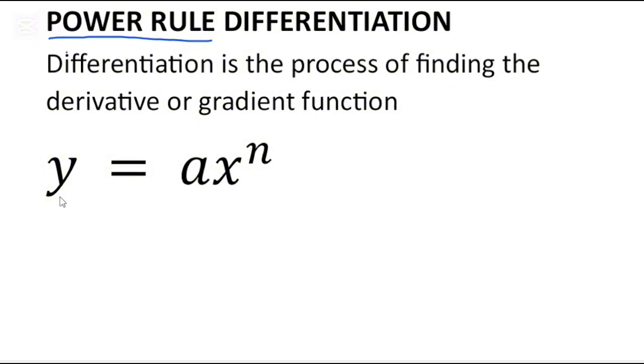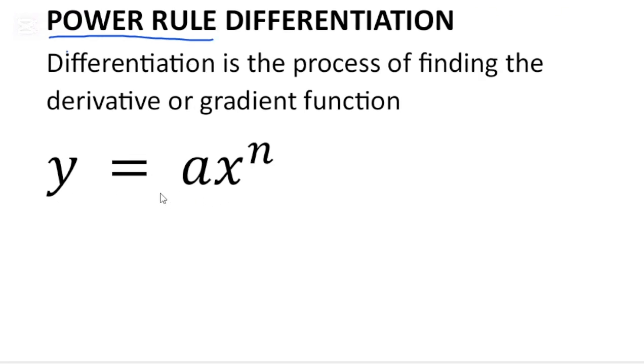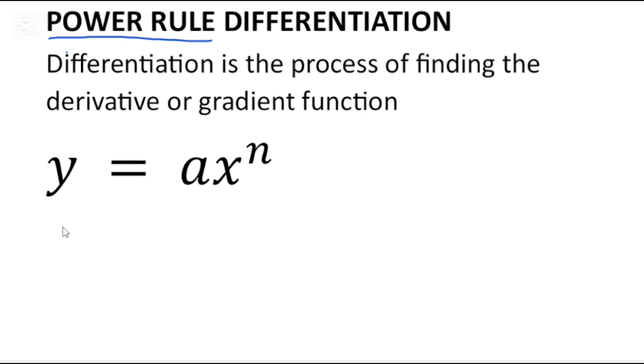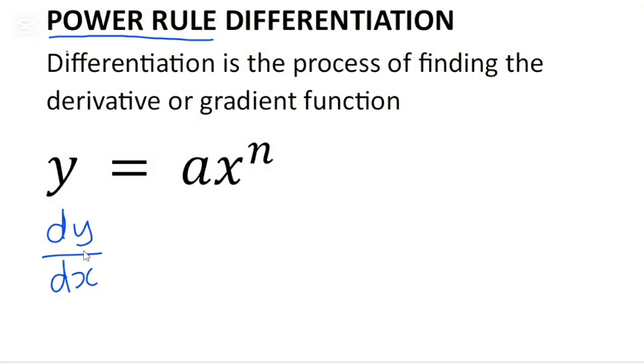For example, if you've been given an equation y is equal to ax to the power n, and you are being asked to find the derivative of this function or to differentiate this function, you are going to write dy dx. When you write dy dx, we are saying we are differentiating the function y with respect to x.